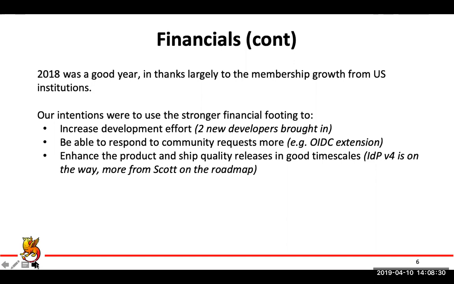One example of being able to respond to community requests is the extension to our OIDC in the Shibboleth IDP. And lastly, we want to make sure that we continue to ship quality releases in good timescales. We've got IDP v4 on the way, with Scott talking more about that, and leading into a v5 as well on an improved release timescale.